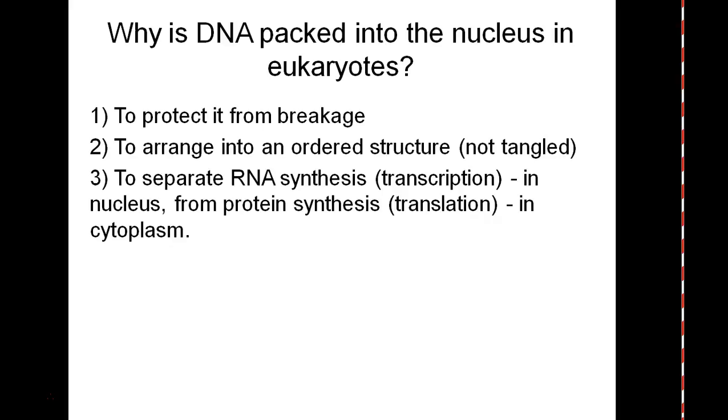And also, of course, it separates those DNA-templated processes such as DNA replication or RNA synthesis, transcription, from the cytoplasm. So those are three key points why DNA is packaged and highly organized in eukaryotic cells.